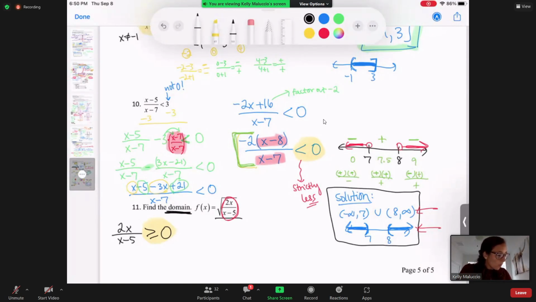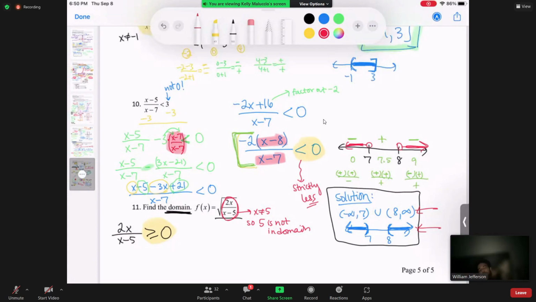So then I also want to notice that here, x cannot equal 5. So 5 is not in the domain. So I'll just keep that in mind. And again, we're going to do this in interval notation and the line, but I would accept either. You can pick your favorite one.